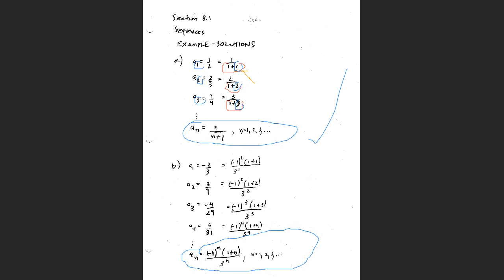And same kind of thing here. The negative 2/3, that negative can be written as -1 to the first power. And then positive 3/9, well, that's taking -1 and squaring it. That would get me a plus, right?